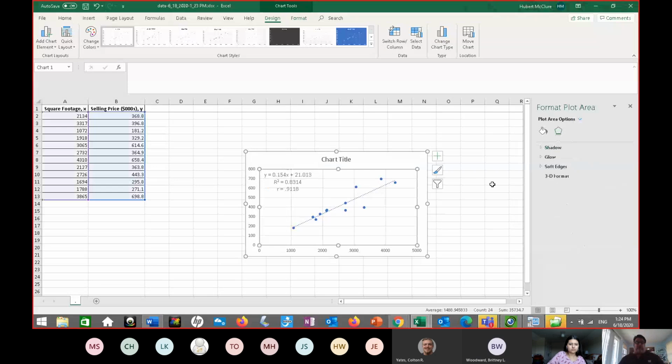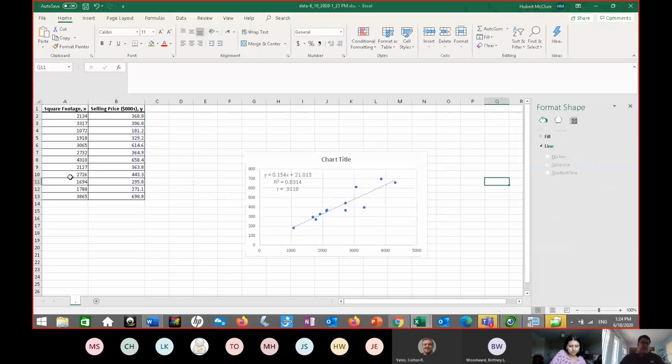Okay, now if I wanted to do this by hand, I would go over here. I have R, so I need to do my average. I'd take my highlighter, go over here to auto sum, and divide that by, how many we got? 12.